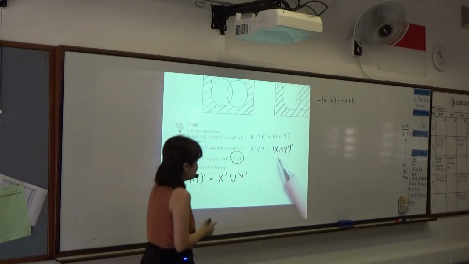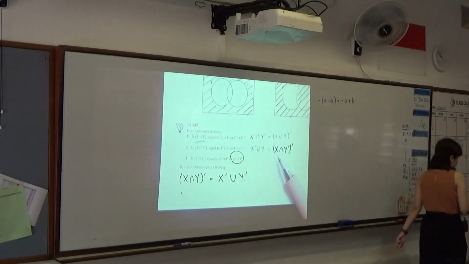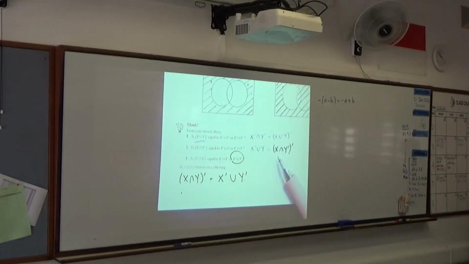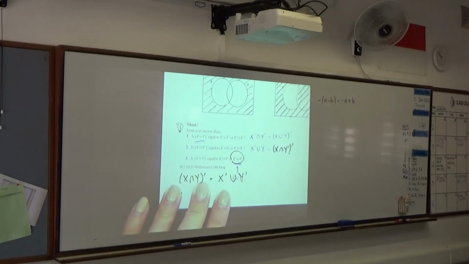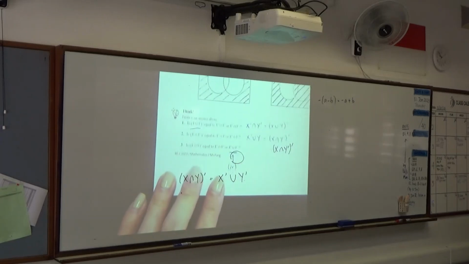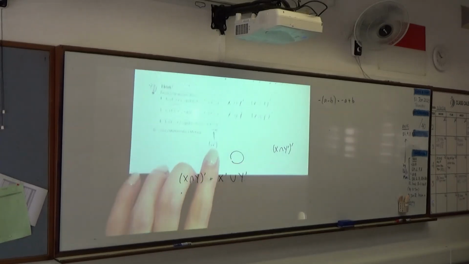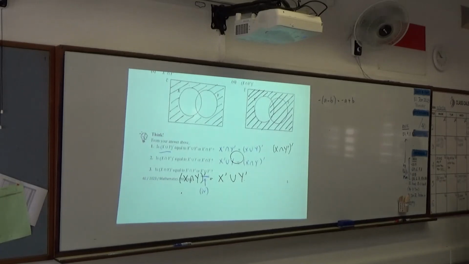Okay, even if you don't believe me, we can always do a check. Draw out the Venn diagram. So for X prime union Y prime, this one itself is already in part 4. So this one is the answer in part 4 already.